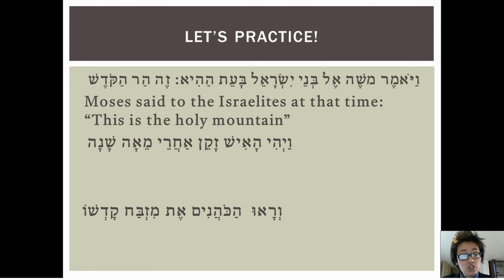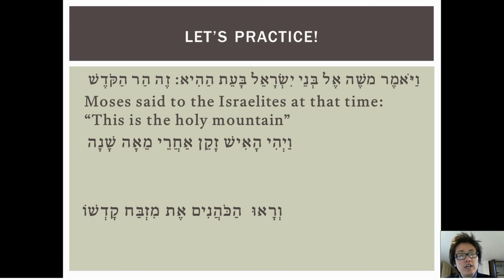And then we have ha'ish, okay, ha'ish zaken, and then acharei meyashana. This is a new word for you. Actually, this entire phrase is somewhat new to you. 100 years. So how would you put this all together? It's important to focus here on the Vayhi. This is a very common narrative form, and it's often how sentences and stories will begin.